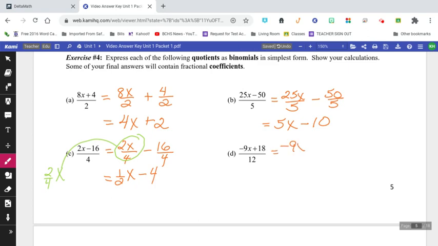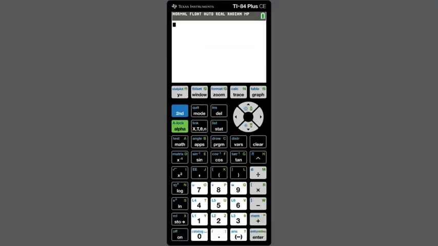So now we're going to do the same thing over here. Okay. Now, while ideally you should be able to reduce fractions, we do want to make sure they are in simplest form. So again, this is where your calculator is really going to be a big help. And you want to make sure you use your fraction button. If I do -9 divided by 12, I get a decimal.